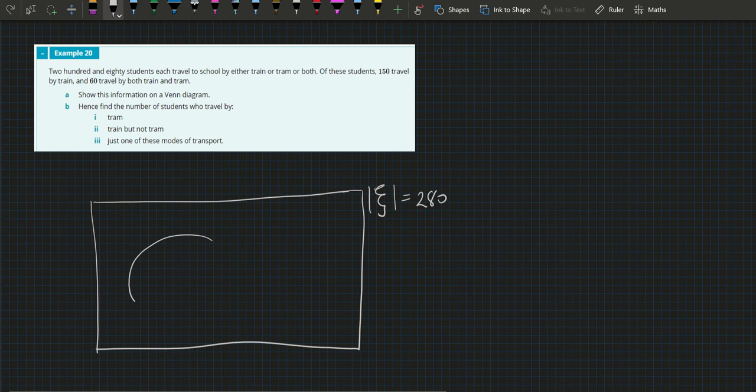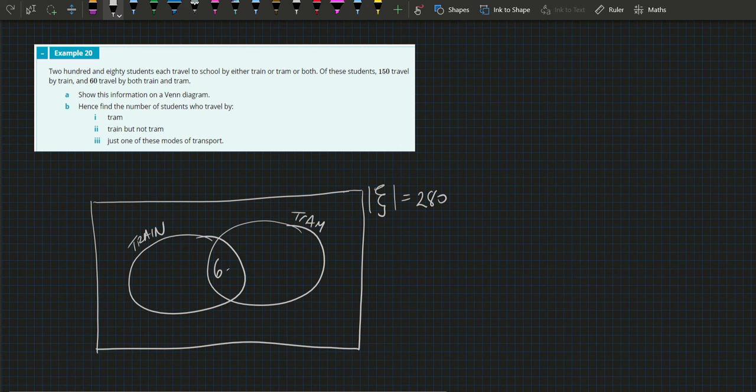So let's call this one... Oh, they both start with T. That's annoying. So we'll call this train, and this set here will be tram. So 150 travel by train and 60 by both.